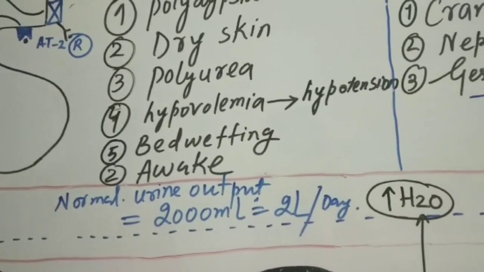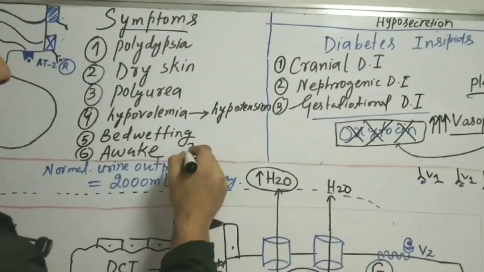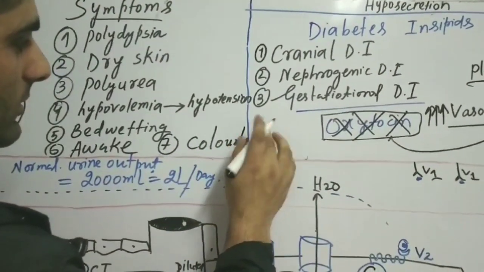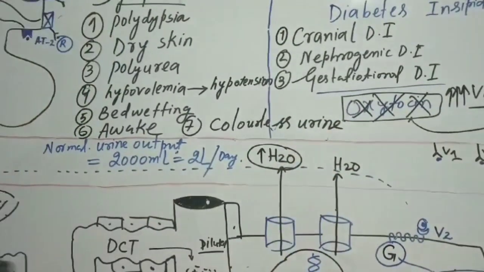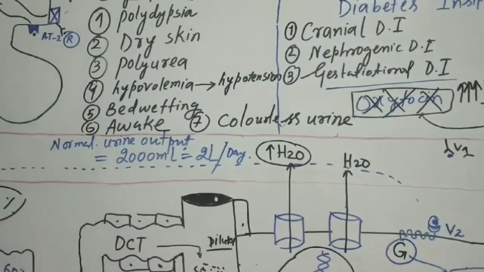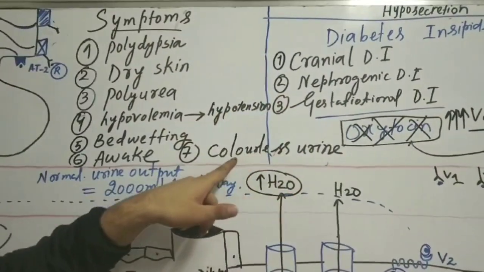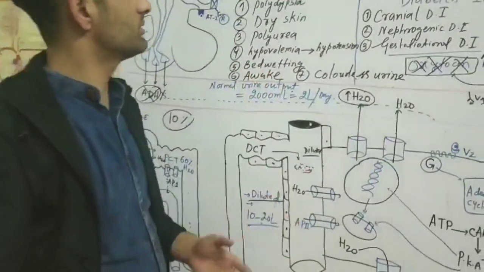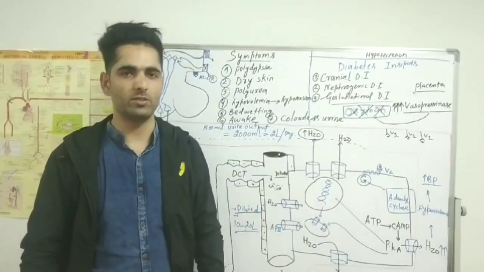Also, there will be colorless urine. As we know, the normal color of urine is pale yellow, but in diabetes insipidus there is colorless urine. This was all about ADH and the clinical correlates. Hope you understood that.